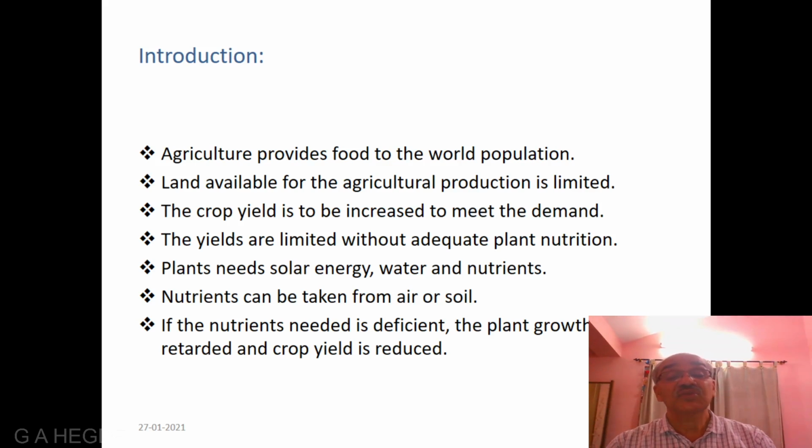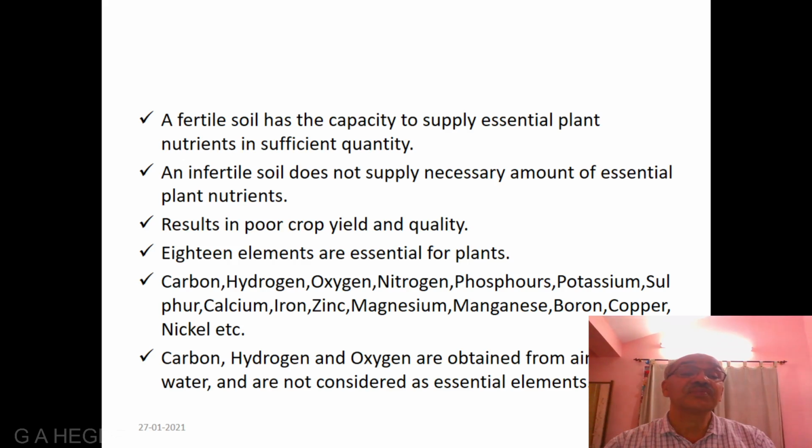Plants need solar energy, water, and nutrients. Nutrients can be taken from air or soil. If the nutrients needed are deficient, the plant growth is retarded and crop yield is reduced.